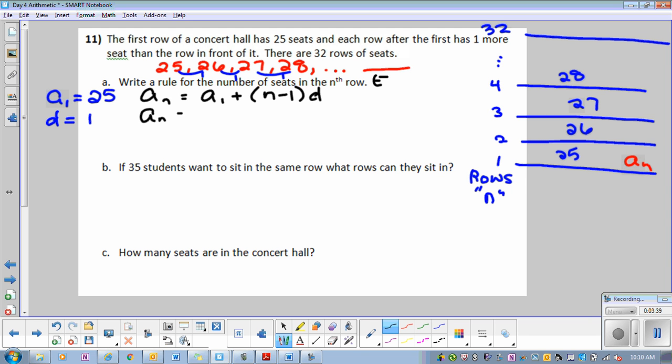A sub n equals, what is a sub 1? What did we find? 25. 25 plus n minus 1 times, what is d? 1, thank you.